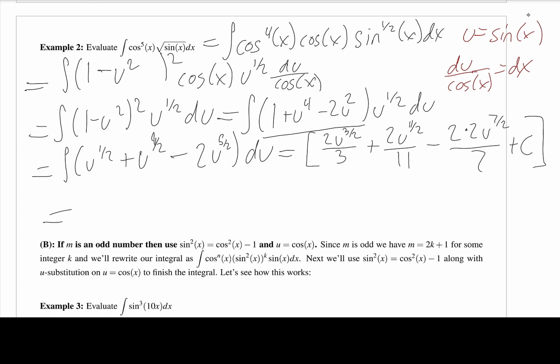Okay. And so now plugging in u equals sine of x. All of this over 2 nonsense in here, that just means that they're square roots. So I can go ahead and write that out.